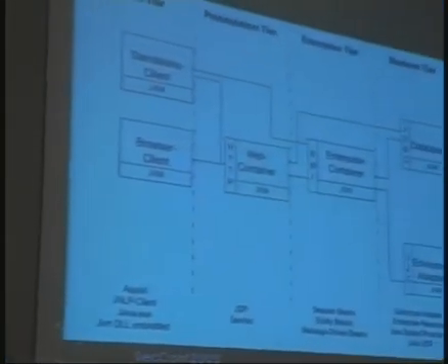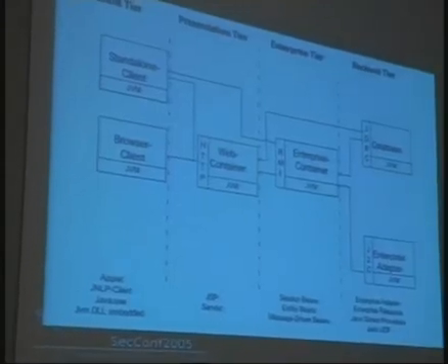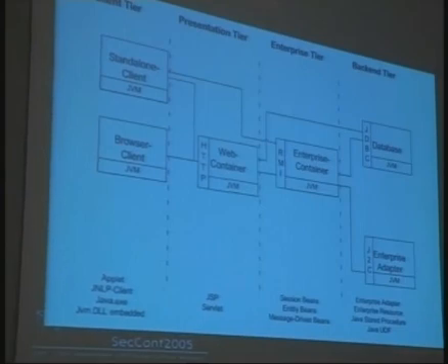So Java is not alone on the desktop. Java has found its way from the toast machine to all the other tiers in the enterprise. So it's on the client, it's on the presentation tier, it's on the enterprise tier, and of course it's on the back end. On the client you have the standalone client, which talks via RMI directly to the enterprise container, or via HTTP, like the browser client, to the web container.